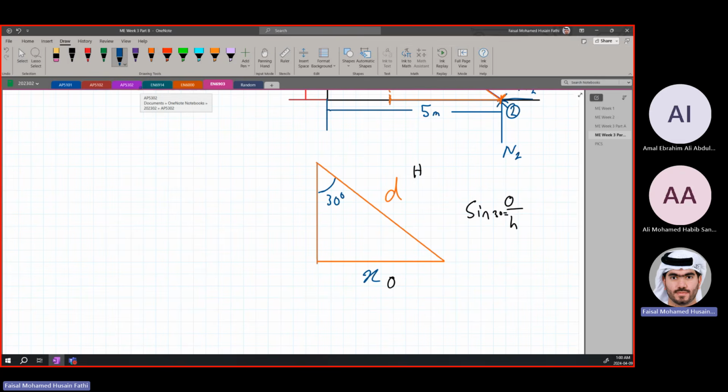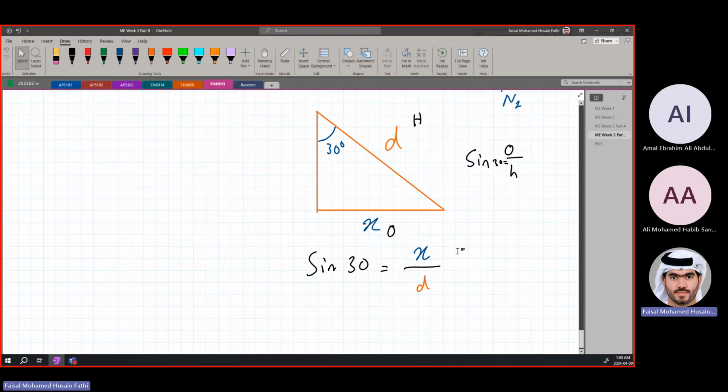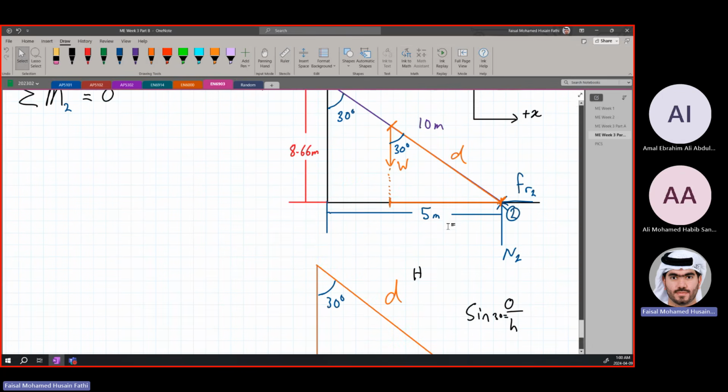So sine 30 is going to be equal to x over d. Right? Opposite over hypotenuse, x over d. Okay? Now x is our perpendicular distance.